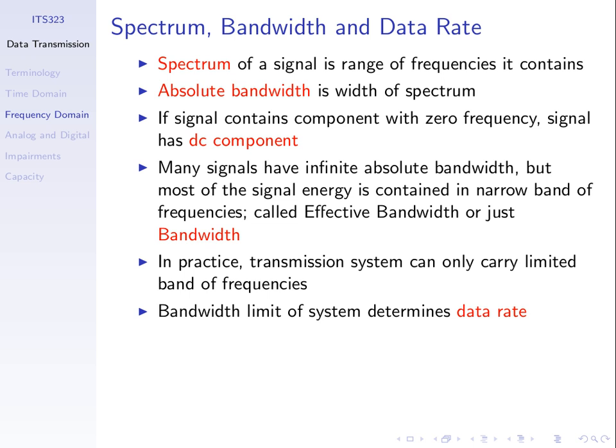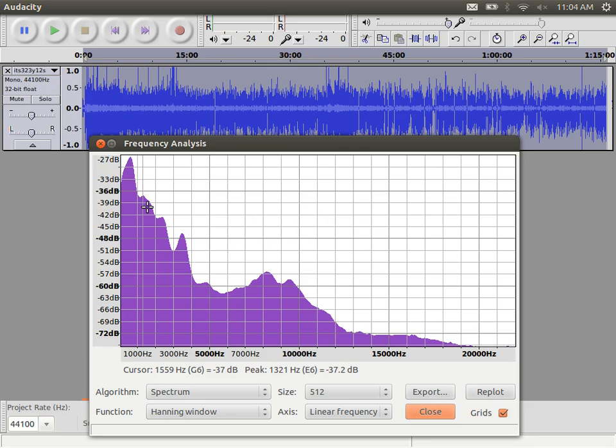So we say the absolute bandwidth of our example signal, S of t, is 200 hertz. In our example audio, the absolute bandwidth is about 20,000 hertz, because it goes from 0 up to 20,000. So we have the spectrum of a signal and the absolute bandwidth of a signal.